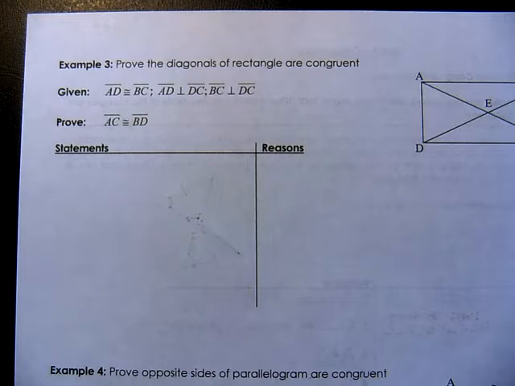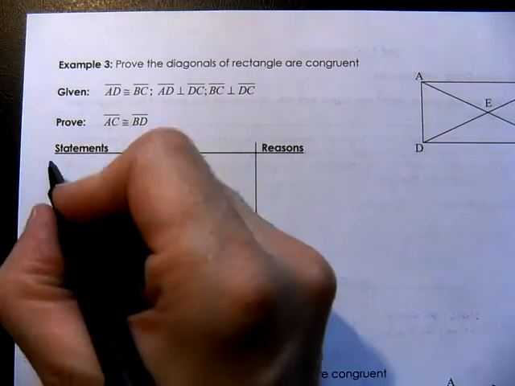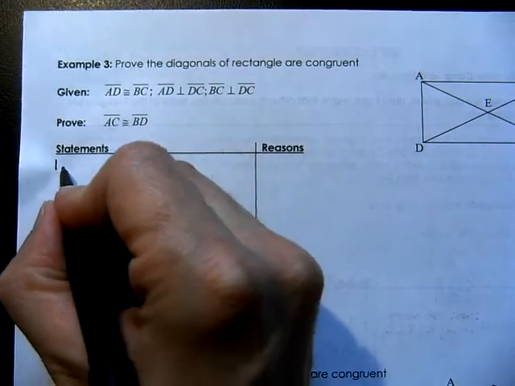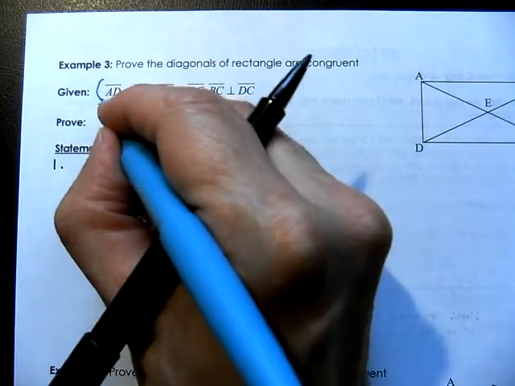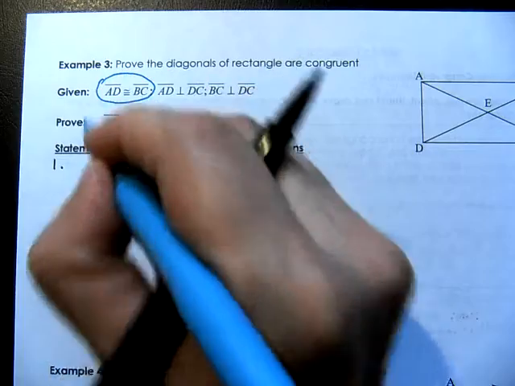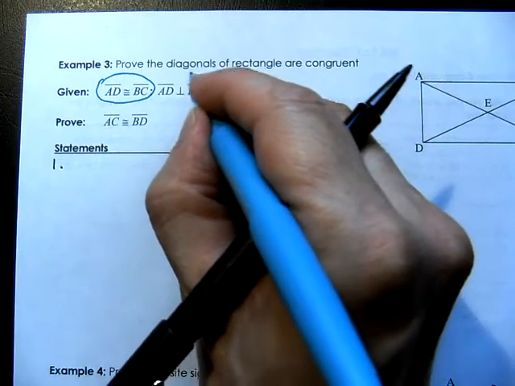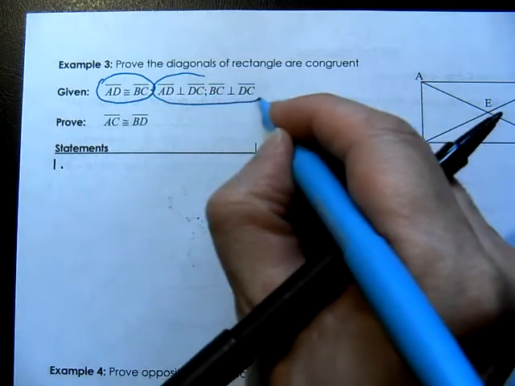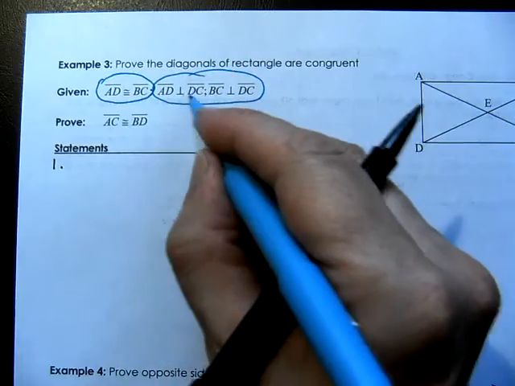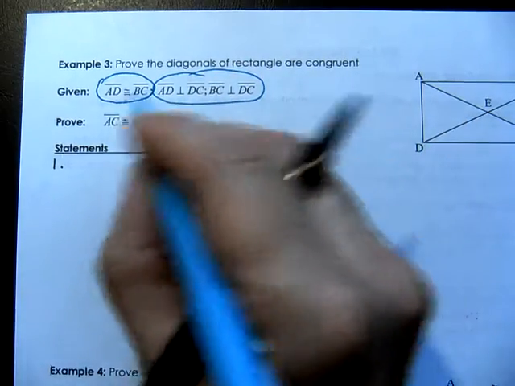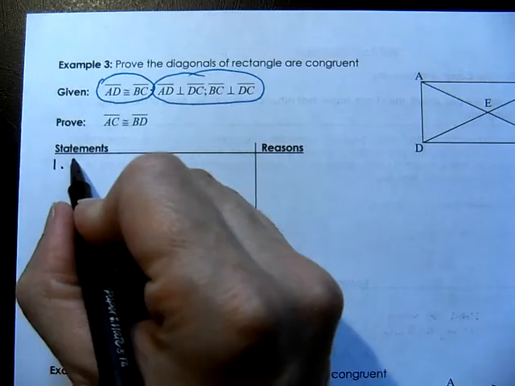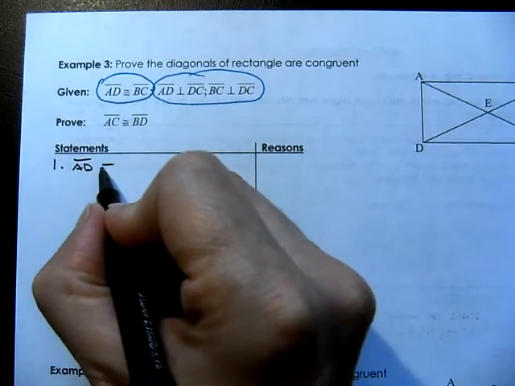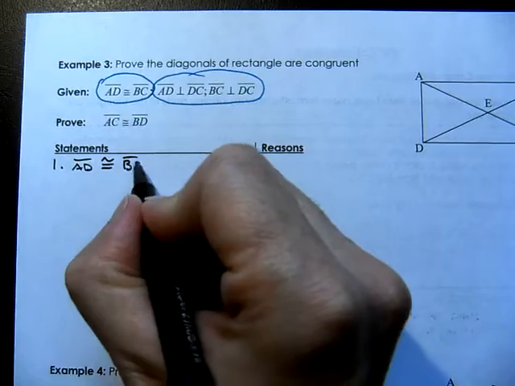Alright, so let's go ahead and get this started. Statement number 1. I'm going to group these given pieces of information because the first piece is talking about congruent parts, and then the second and the third have to do with perpendicular. So those are two different ideas, and I want to split those up. So statement number one, here I have segment AD is congruent with segment BC.